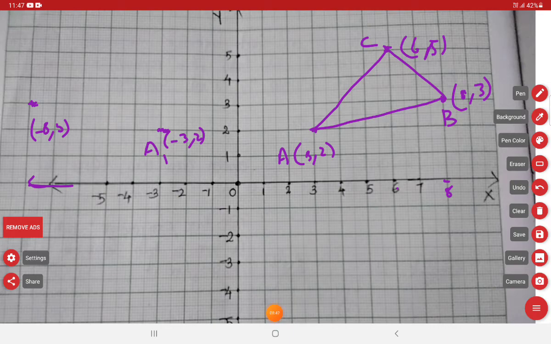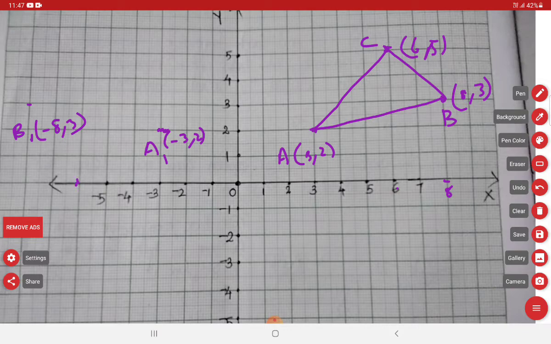Let it be B dash or B1. Next, C (6, 5), so it will be (-6, 5).